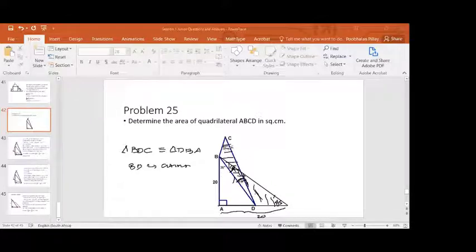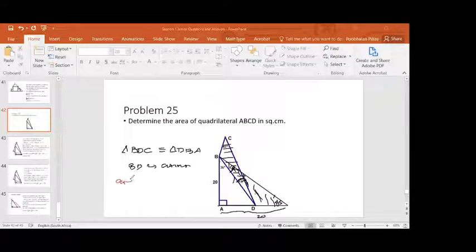The shape that we are trying to find the area for is this triangle plus this white triangle. Right? The white triangle plus this shaded part is the area that you're looking for.